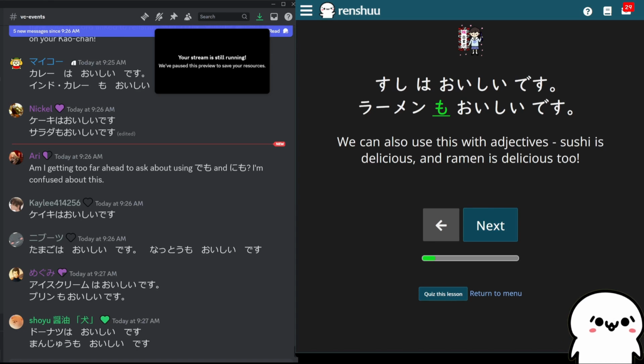And when it comes to putting spaces in sentences, there's no real rule that says this is right, this is wrong. So whether you're doing it the way that Nibutsu is doing it and putting spaces after each particle or kind of chunk in the sentence, that's fine. If you're putting spaces between every word or particle, that's also fine. If you're putting no spaces, it's all good.